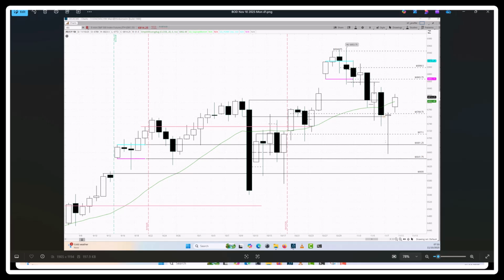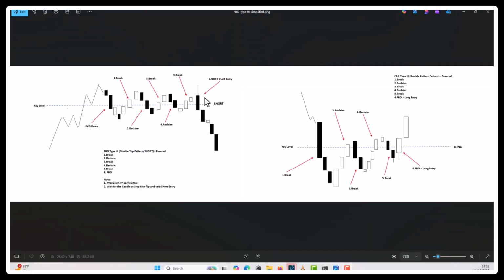But let's review. We trade three types of fall breakout. Here's type 3 that we are talking about right here. On the left we have a short setup, on the right we have a long setup. They're both reversals.